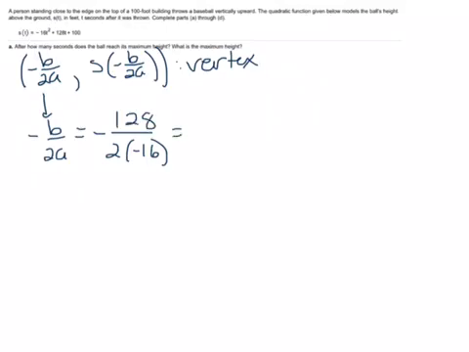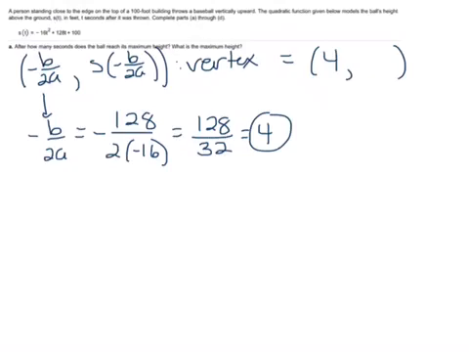Okay, so let's see, a negative divided by a negative will give us positive 128 divided by 32, which is 4. Okay, so in this problem, the vertex x value is 4.